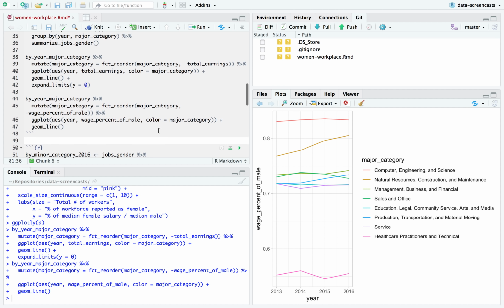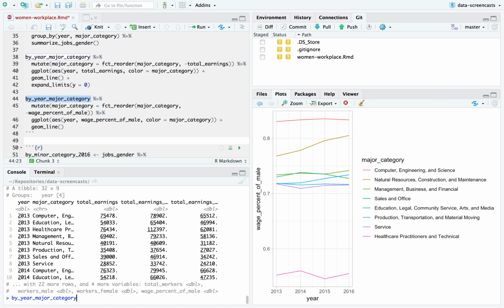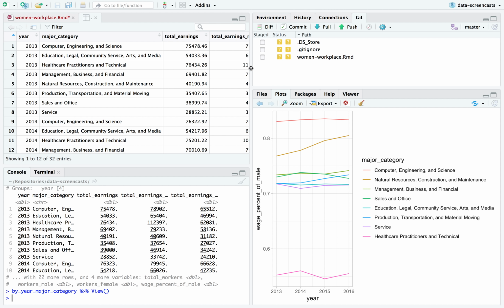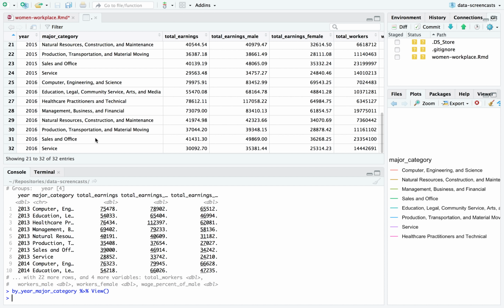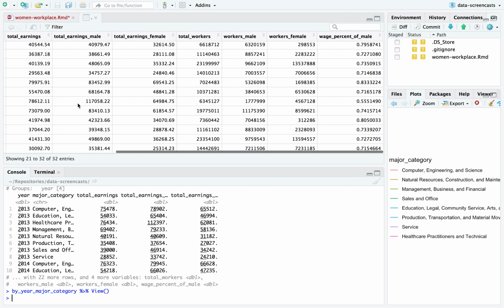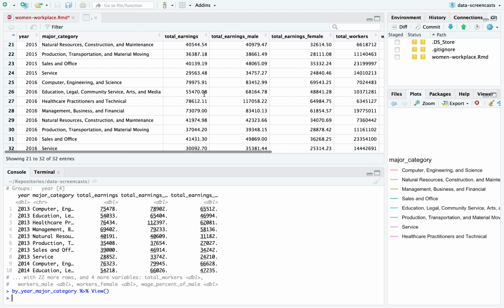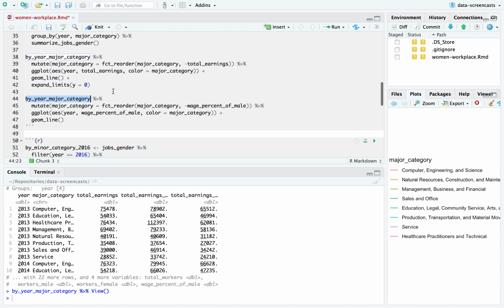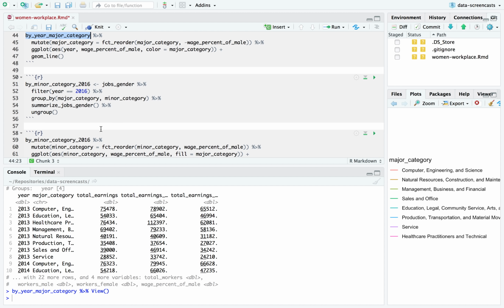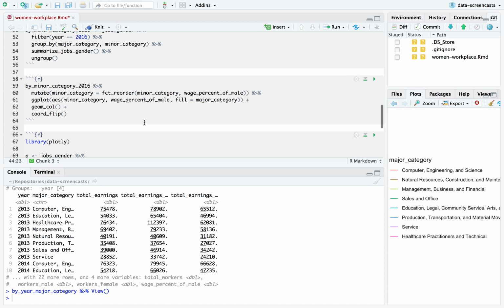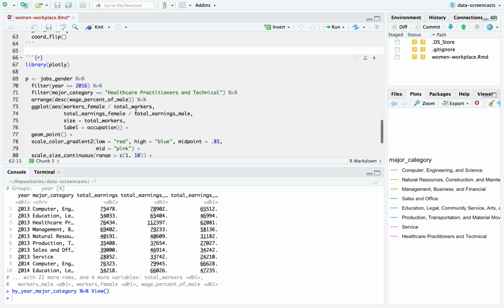So if I actually look at, here it is, by major category, healthcare practitioners and technical, we have a 55%, that the median woman in this field makes 55% as much as the median man. And that is a bigger gap than there is in any individual job.